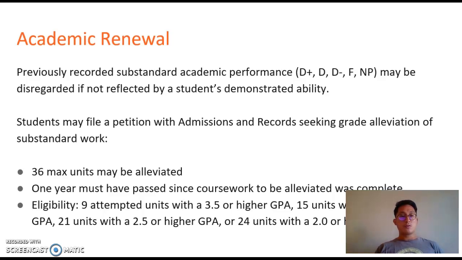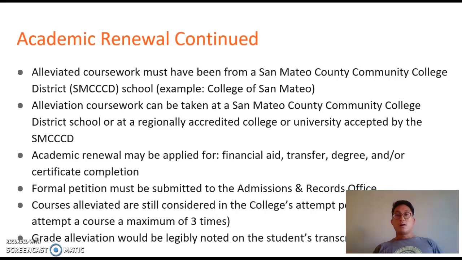So we'll continue with academic renewal. Just some details: academic renewal is only eligible at the college for courses that are taken within the district, okay? So again, you can't do academic renewal, say, if you had classes from San Francisco State that show up on your transcript that might have been substandard.